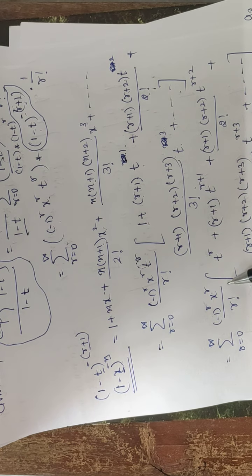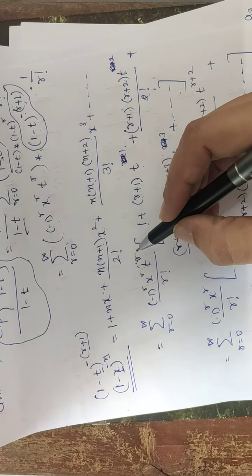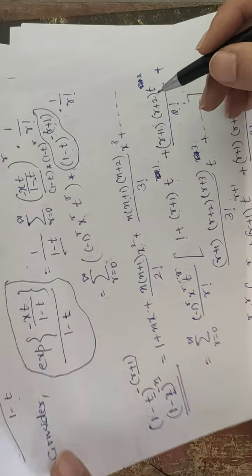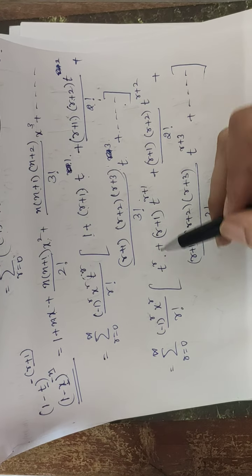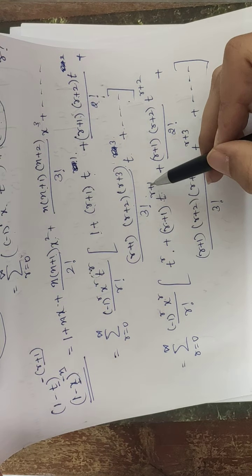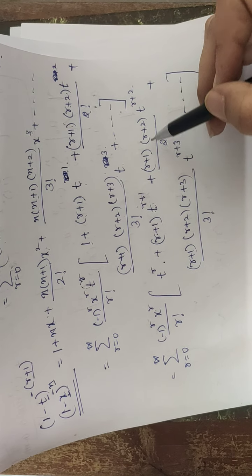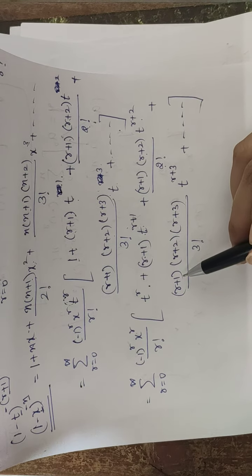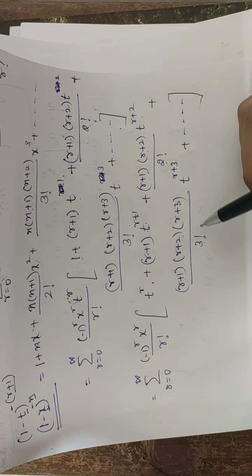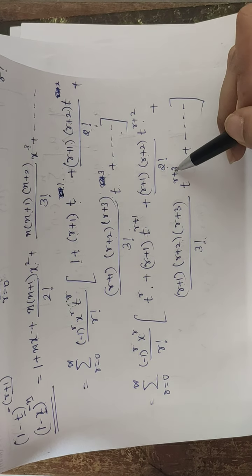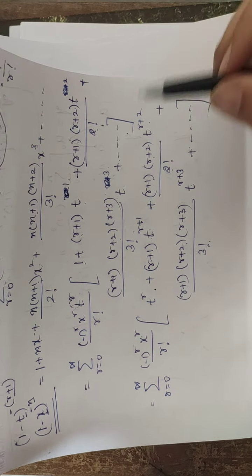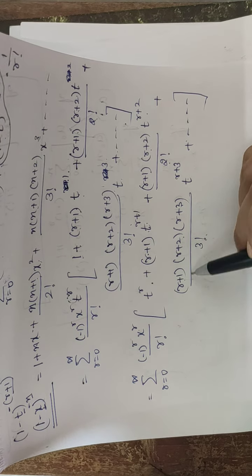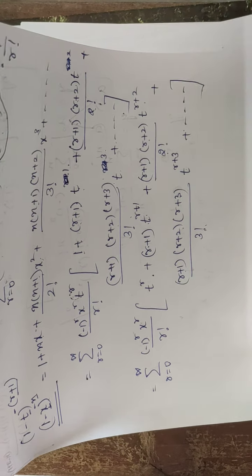Now in this step I have just multiplied your t power r with this expansion. Okay, so we are getting t power r plus r plus 1 into t power r plus 1 plus r plus 1, r plus 2 by 2 factorial into t power r plus 2 plus r plus 1, r plus 2, r plus 3 by 3 factorial into t power r plus 3 plus so on. So now to this expansion I will just multiply and divide this by r factorial for my convenience.